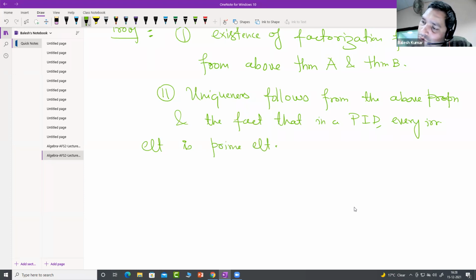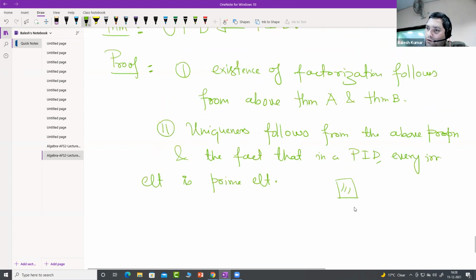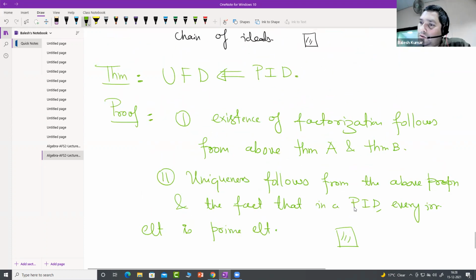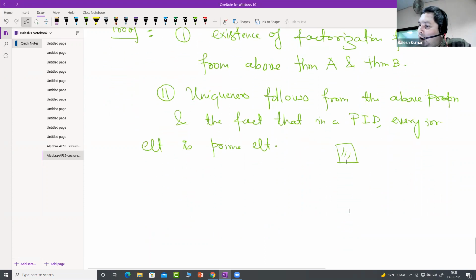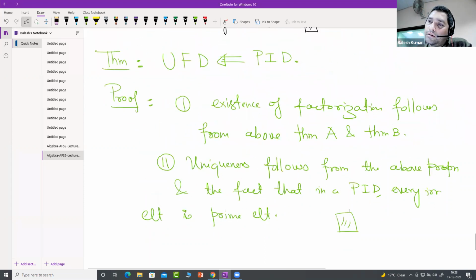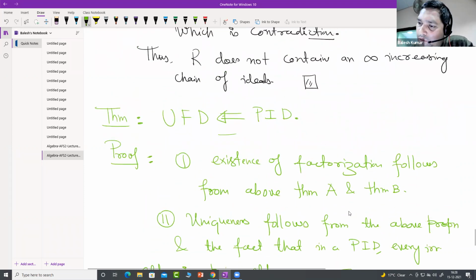Therefore principal ideal domains are always unique factorization domains. The converse may not be true in general.